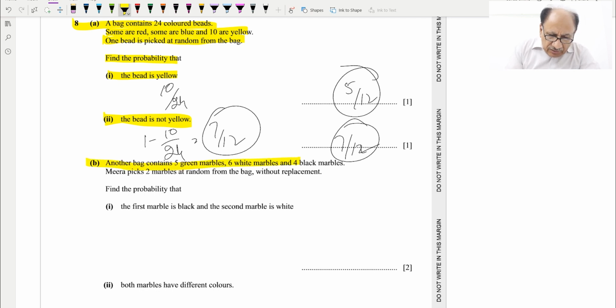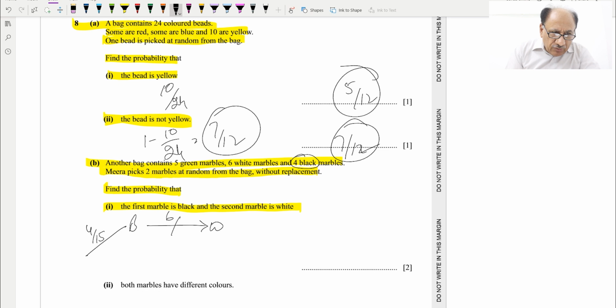B part, another bag contains 5 green marbles, 6 white marbles, and 4 black marbles. Meera picks 2 marbles at random from the bag without replacement. Find the probability that the first marble is black and second marble is white. For black there are 4 blacks out of 15, so probability will be 4 out of 15. Next we need white. For white it will be 6 out of 14, because 1 is gone.